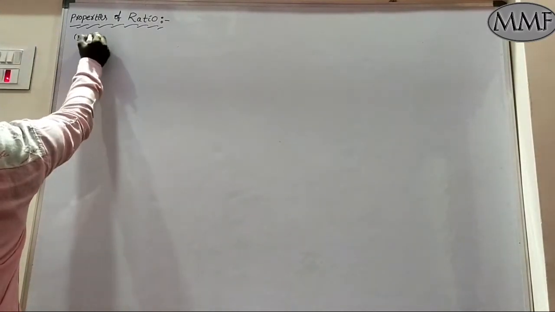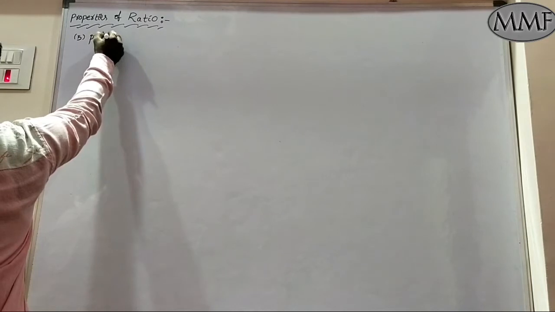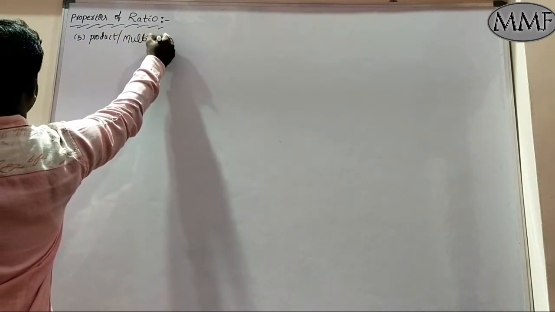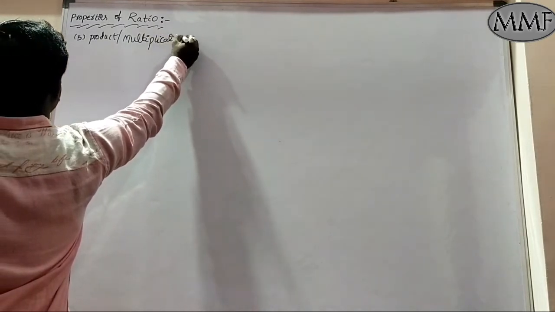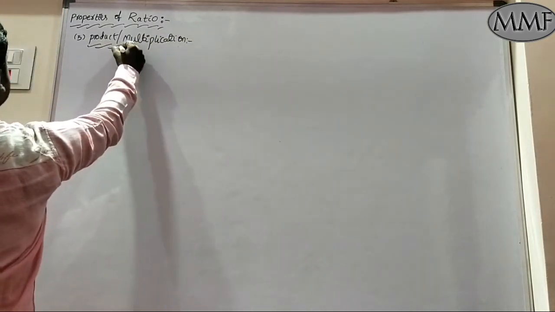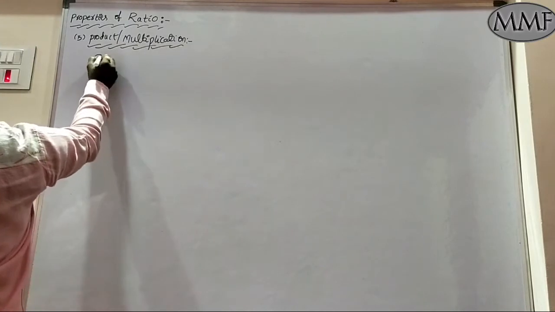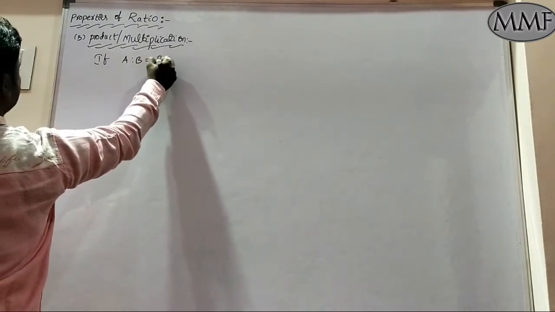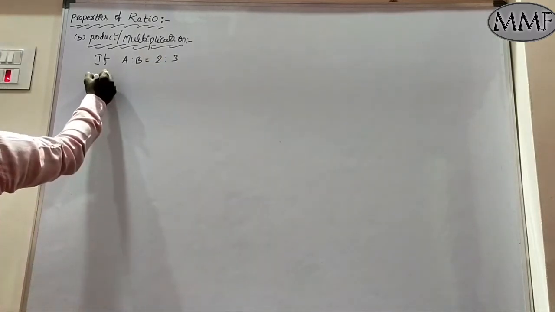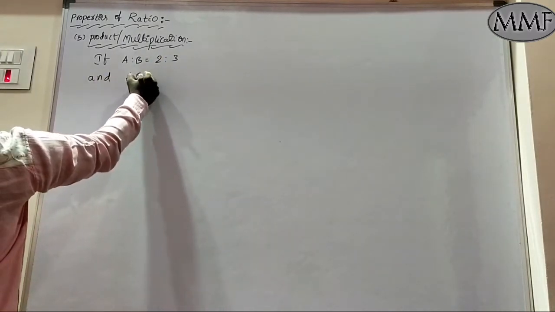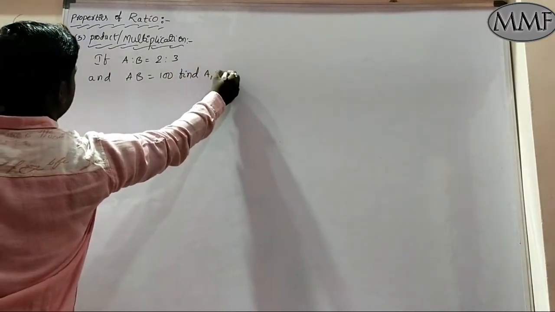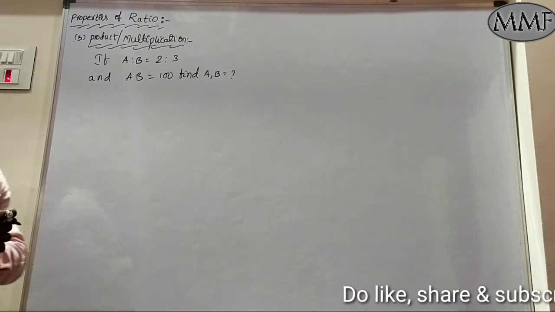Let's see product or multiplication. If any ratio A is to B is 2:3 and A into B is 100, he will ask find A, find B. This is a multiplication problem.